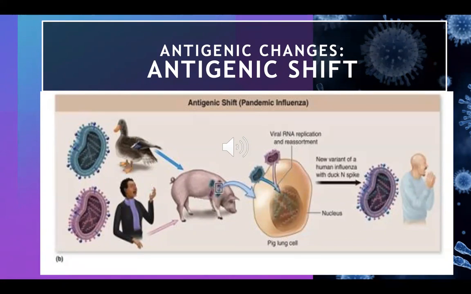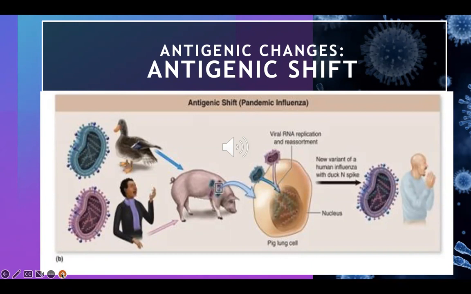So pag inubo si pig or inatching si pig, lalabas yung ibang strain na naman ng flu virus or influenza virus. So that's antigenic shift, changing into an entirely different species or strain of the virus.